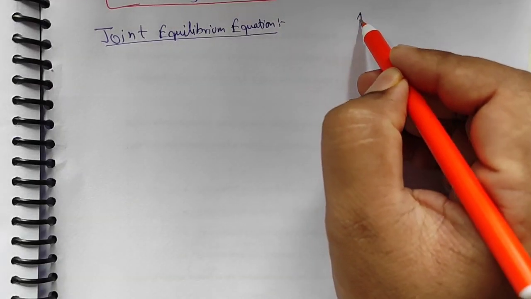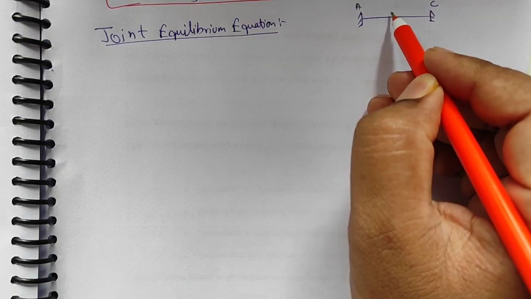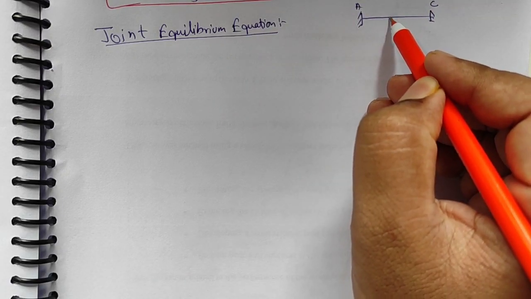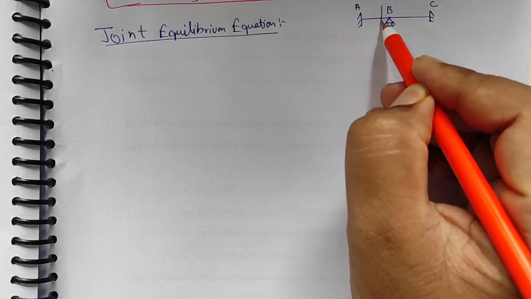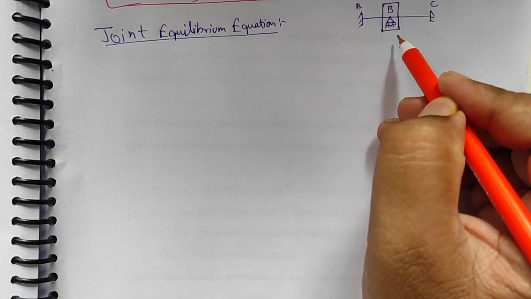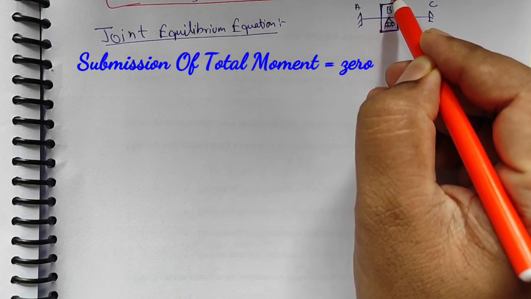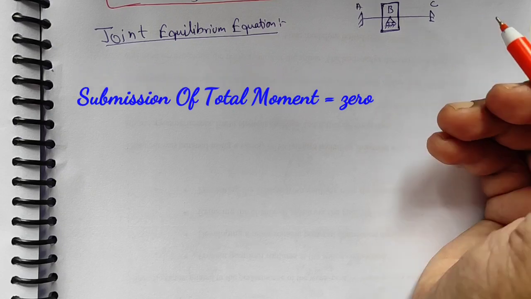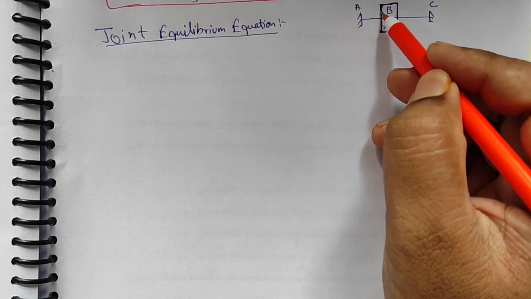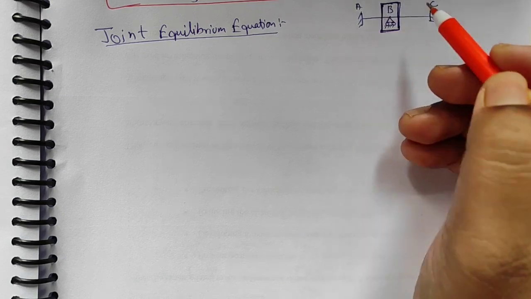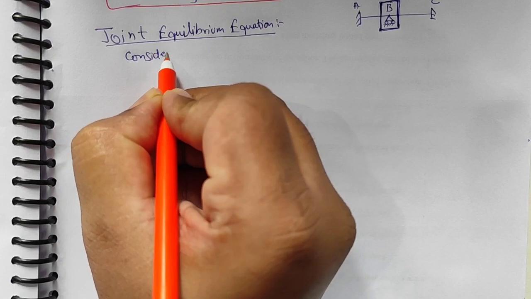Both ends, that is A and C, are fixed ends, hence they will take all the moments, but at the B end, as I have a roller support, the total summation of moments equals 0, which will give me the values of unknowns at this point. So now I'll consider the joint B.